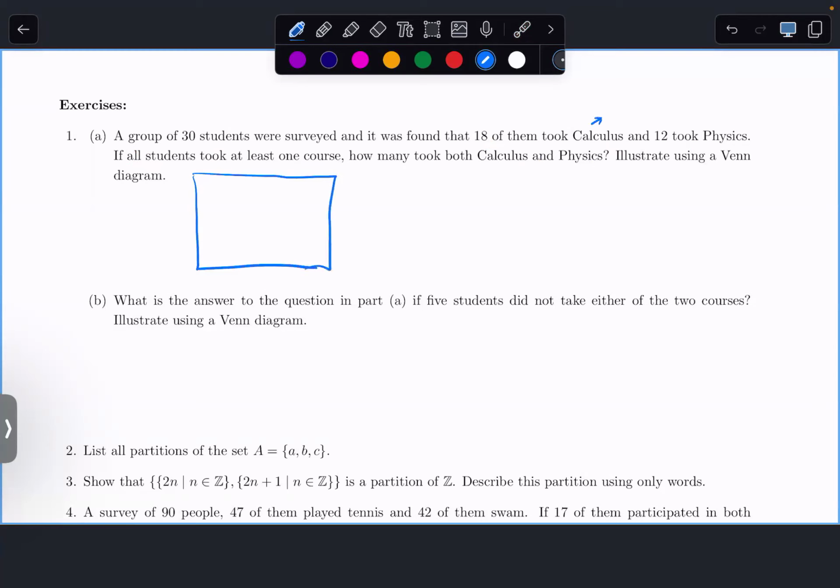So I'm going to let calculus be C and physics be P. I'm going to start by drawing them like this with an overlap, but what we're going to find is that there can't be overlap, because if I have 18 here and 12 here, can there be overlap?